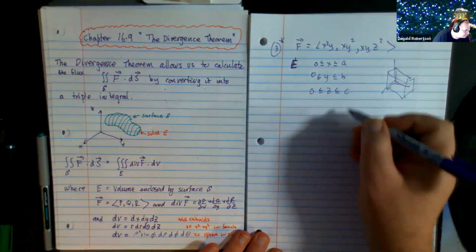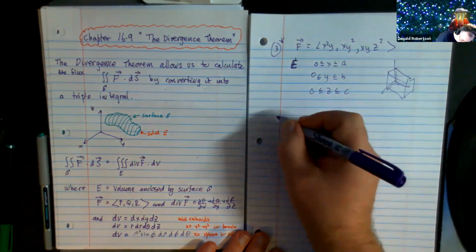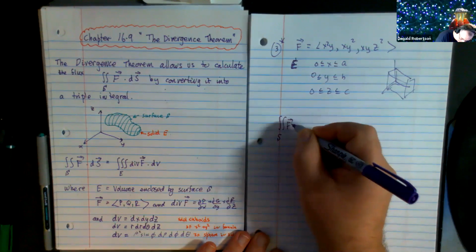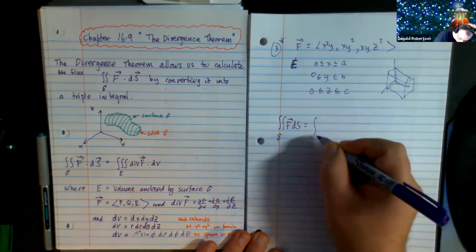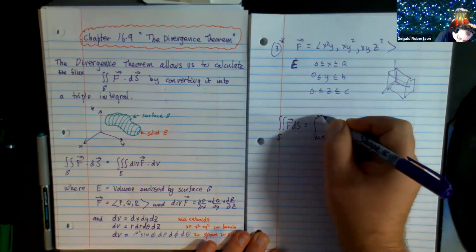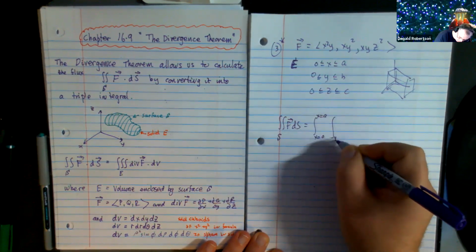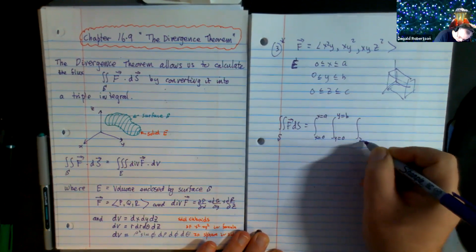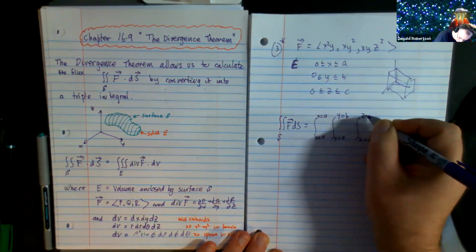Right, so we got E. So the surface integral, this guy here, is going to be the integral from x equals 0 to x equals A, y equals 0 to y equals B, and z equals 0 to z equals C.